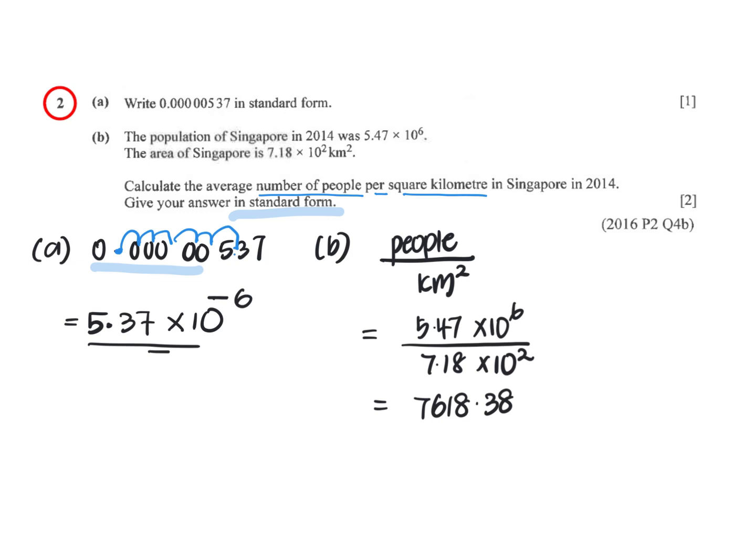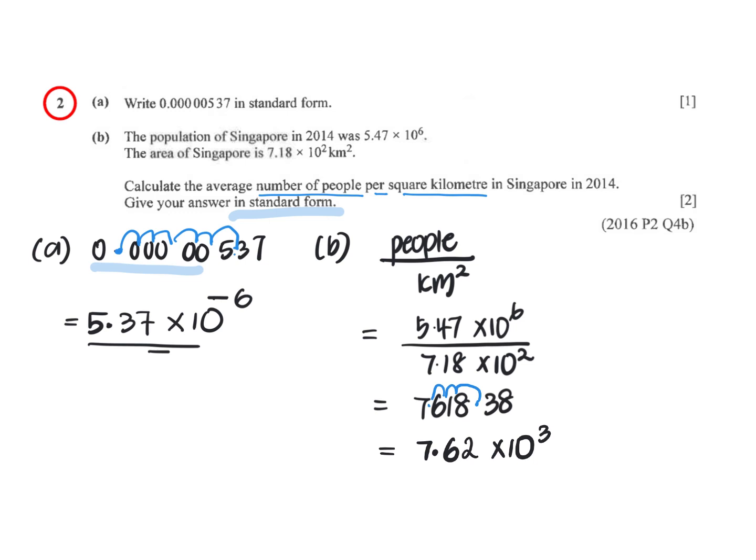That means I need to make this a number bigger than 1, smaller than 10. Okay, so it will be 7.618. Since there are quite a lot of numbers, I'm going to round it off to 3 sig fig, right? 7.62 times 10 to the power. So this is a number already bigger than 10, so definitely I'm going to have a positive power. 1, 2, 3. So I shifted 3 places.